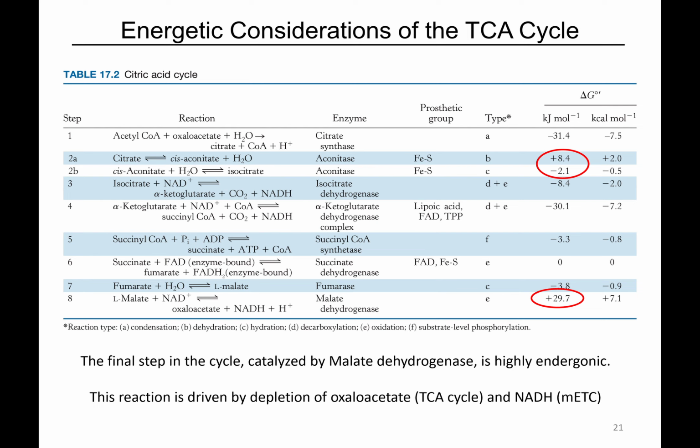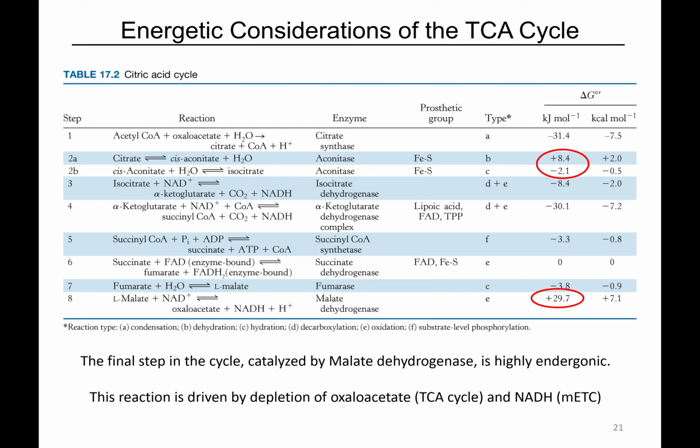The same thing happens down here with reaction 8, with malate dehydrogenase. And this is actually the really important one. The concentration of oxaloacetate in the mitochondria is absolutely critical. Okay, it has to be maintained really, really well. It has to be maintained really low, so that at any given time, the concentration of oxaloacetate in the mitochondria is exceptionally low, because if it's not, then this reaction cannot happen because it's so endergonic.